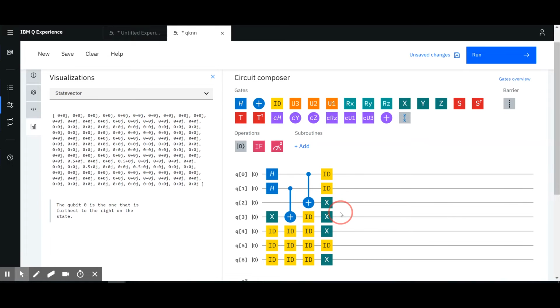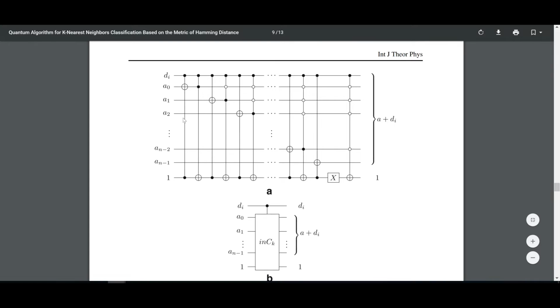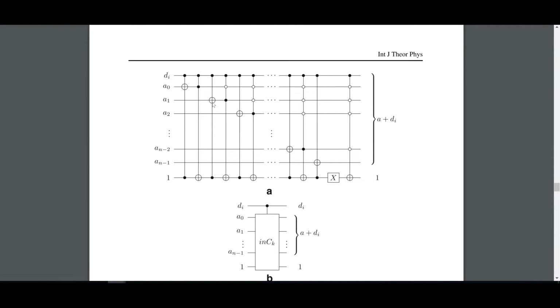Now if I follow this, there we have a Toffoli gate, and here we have another. You see, they're all Toffolis at the end of the day, but the controls change.